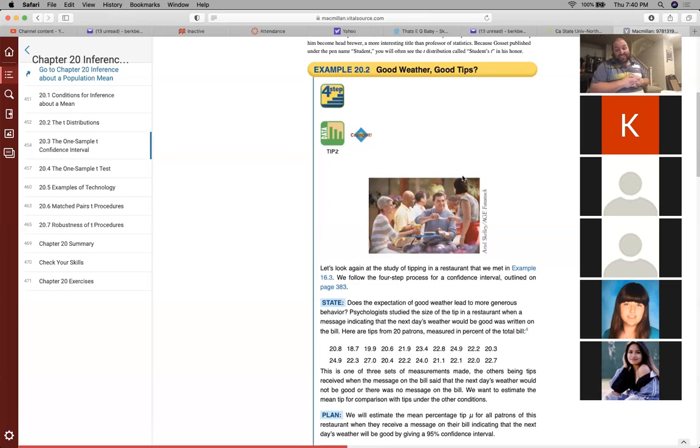T star is like z star, only it's t. But in order to calculate t star, if we were to go to a table of values, what would we need to recognize about this sample?